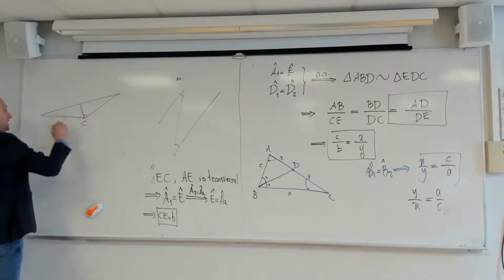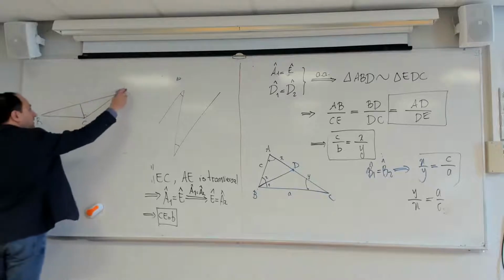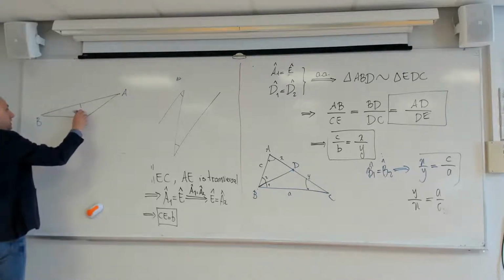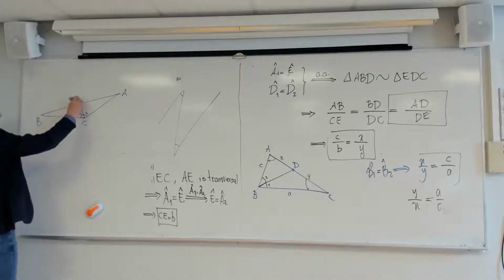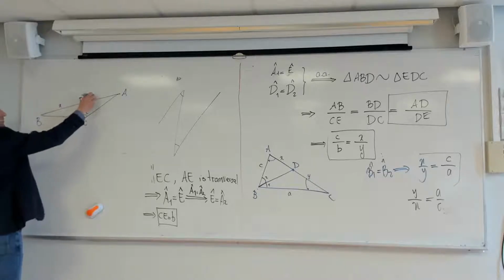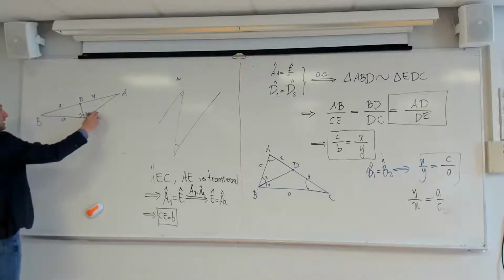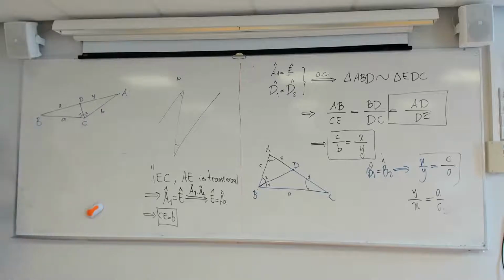So this is C, this is B, this is A, and I have C1, C2. Assume that they are equal, and this is D, and this is X, and this is Y. So this becomes A, this becomes B. So for example, if I want to write Y over X, if of course C1 is equal to C2, then what can I conclude? Y over X is equal to what? B over A. B over A. Yes? That's a very simple task.